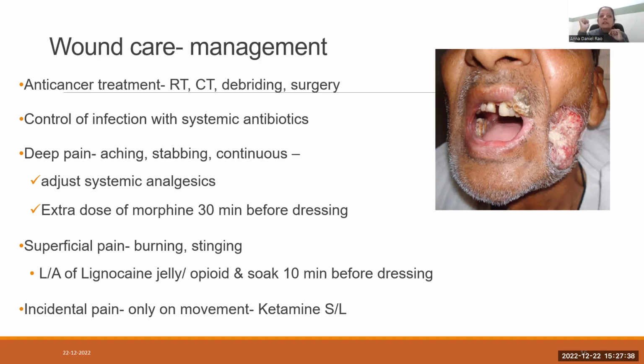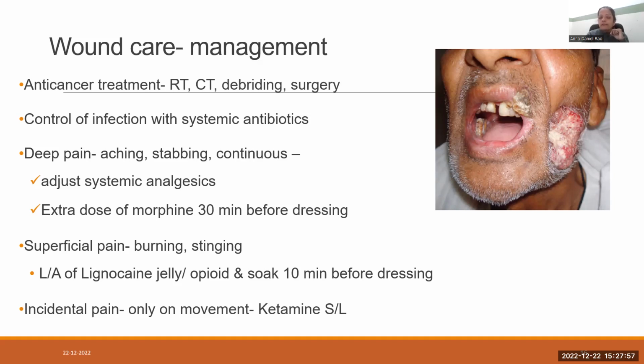Secondary is control of infection with systemic antibiotics. So that needs to be seen, so proper assessment is very much essential. If the patient is having deep pain, then what to do? So here we need to do assessment of pain.